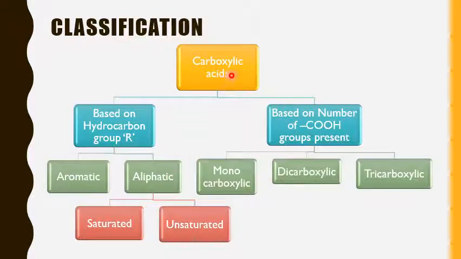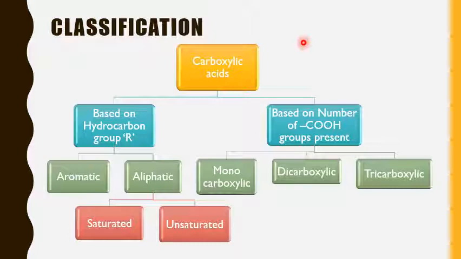So when we go for the second type of classification, based on the number of COOH groups present. As I said, the functional group RCOOH is the general form of carboxylic acids, where R denotes the hydrocarbon and COOH denotes the functional group. Based on the R, we have seen the classification as aromatic and aliphatic, and further aliphatic as saturated and unsaturated.